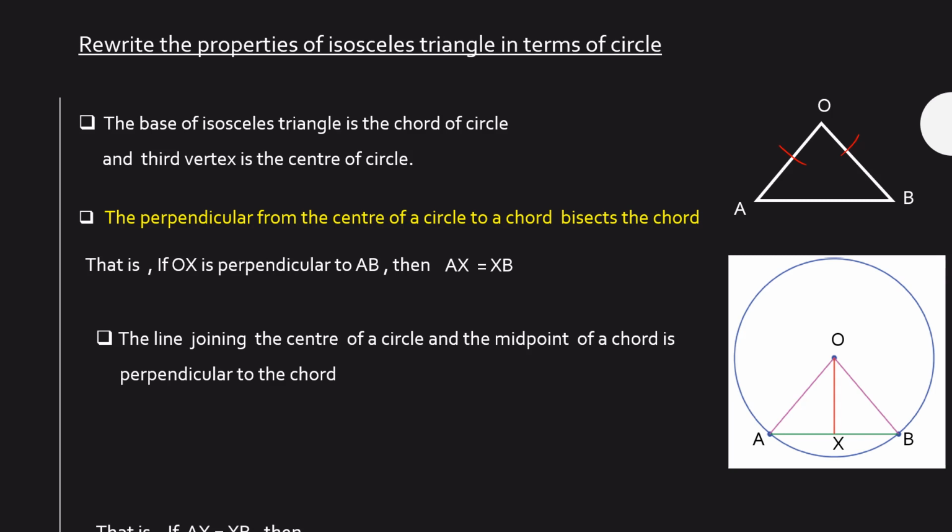That is, if AX equal to XB, because we have taken the midpoint of the chord. Midpoint is X. So AX equal to XB. If AX equal to XB, what can you say about OX? Yes, OX is perpendicular to AB. The second and third properties are reverses of one another, isn't it? So these are the main properties we can rewrite in terms of circle.